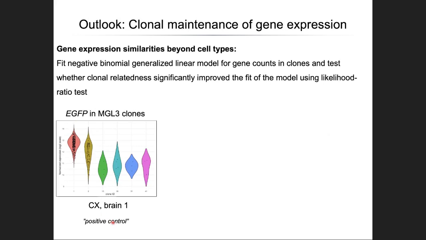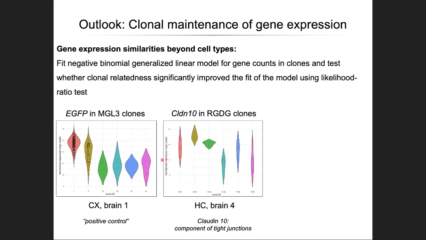So I consider this a positive control, because each clone shown here in the violin plot is basically represented by one progenitor cell. So it makes sense that between progenitors we have slightly different clonal EGFP expression levels, because the transgene is integrated into different loci.